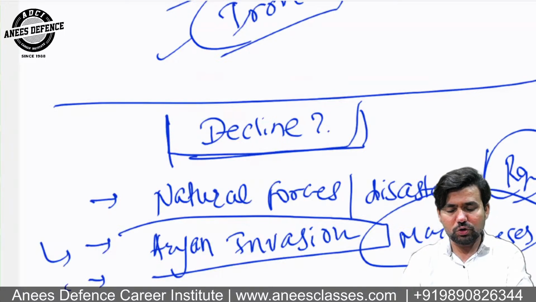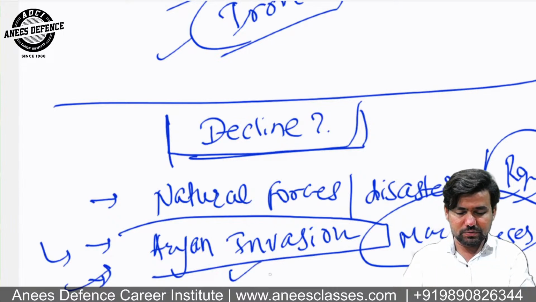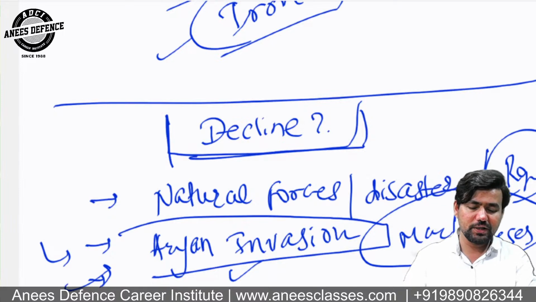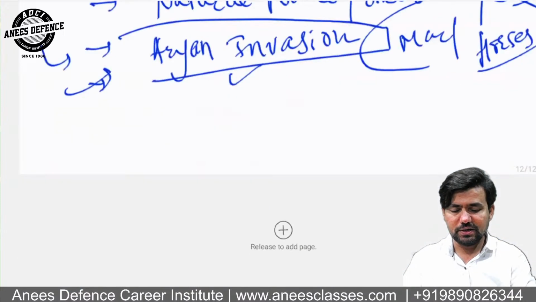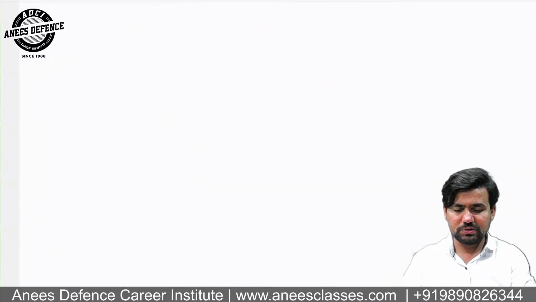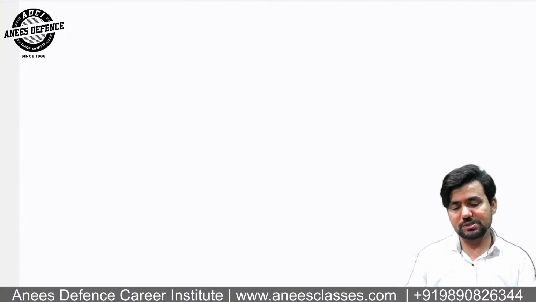Maybe they conquered this region, and the Aryans were victorious. There is also a mention in the Rig Veda, the early Vedic scriptures, about a war, and that war indicates that there might have been a clash between the Harappans and the Aryans. Right? UPSC has already asked this question on this aspect. So a combination of these forces might have led to the decline of Harappan civilization.